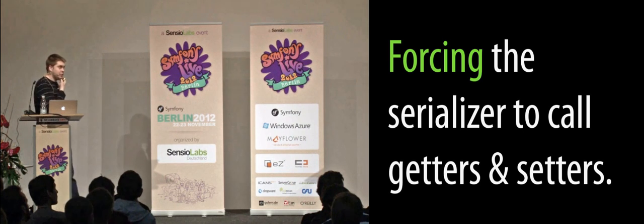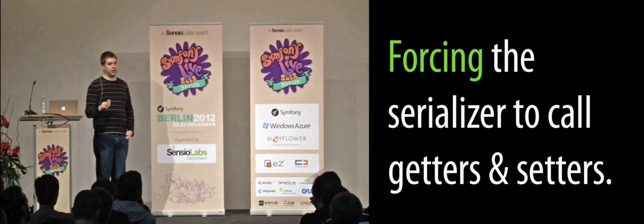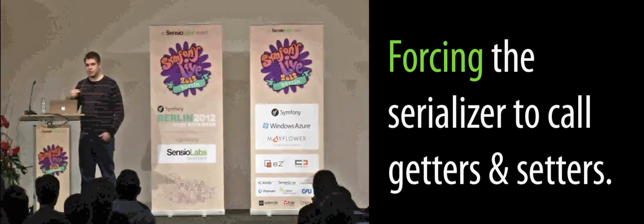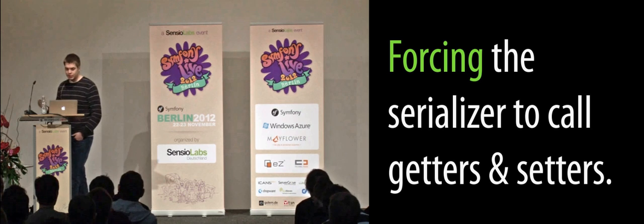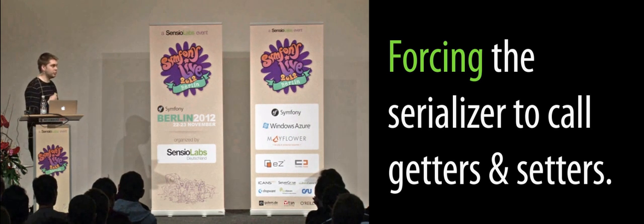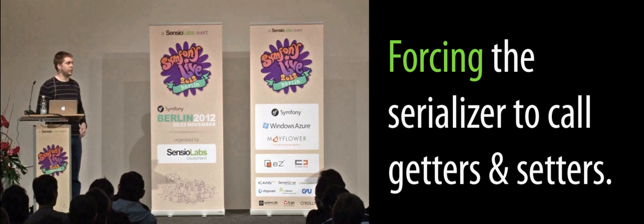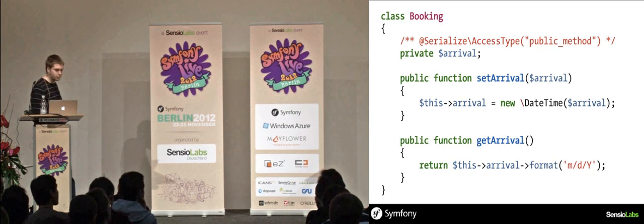So as I said, by default, the serializer uses the reflection API to read your properties. So it directly accesses your properties and serializes your properties. But sometimes you would like to force the serializer to call a getter method or a setter method to read the object or populate the object when unserializing your objects.